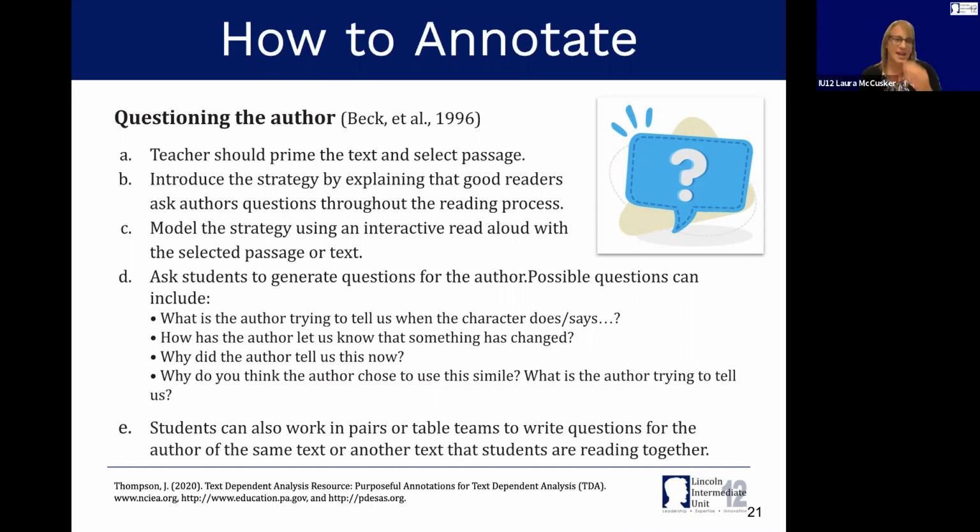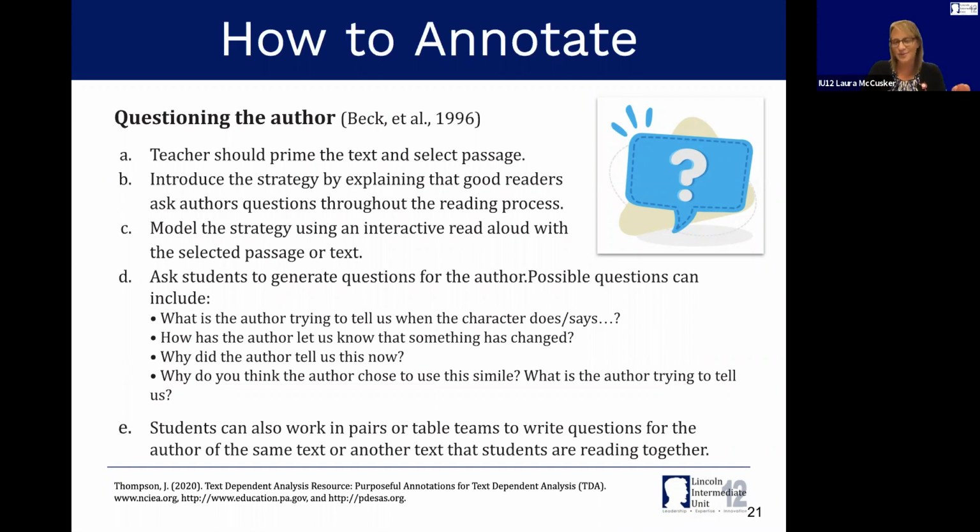How to annotate with questioning the author. In primary grade levels, when I'm working with teachers, some of my primary teacher friends like to add a physical chair. That's the author's chair within their classroom. And that really creates a physical space to question the author. Because students can, whenever they're reading, remember to leave space for the author.